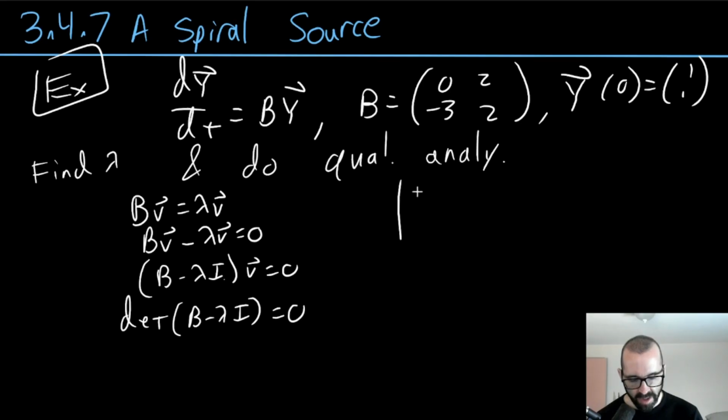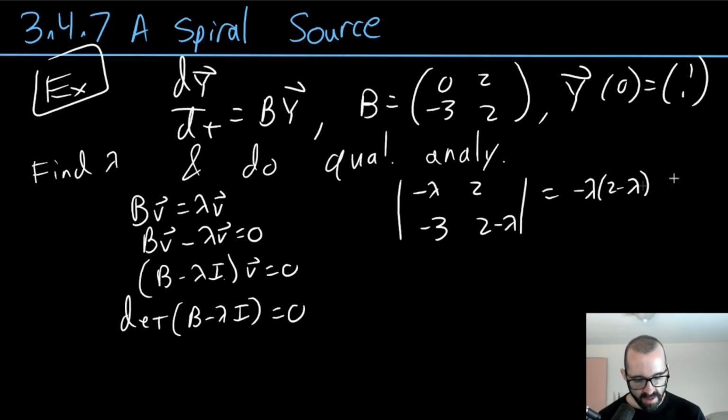We're looking at the determinant of the matrix [0 minus lambda, -2; -3, 2 minus lambda]. What is this determinant? It's negative lambda times (2 minus lambda) plus negative 3 times 2. That's our characteristic polynomial. We want this to equal 0.